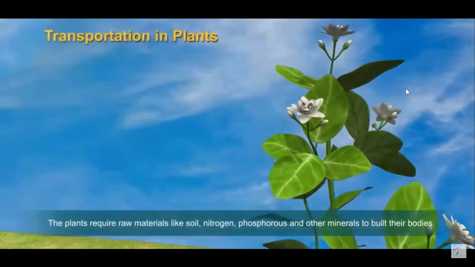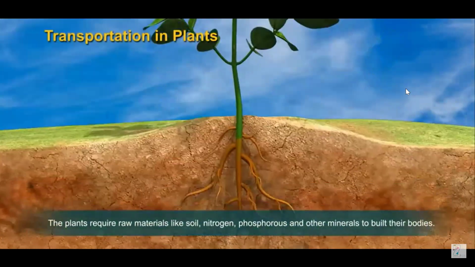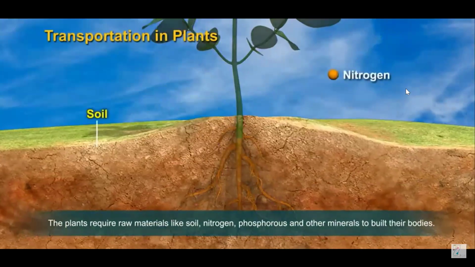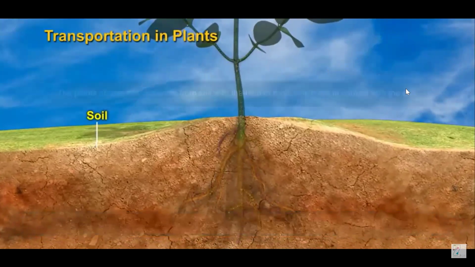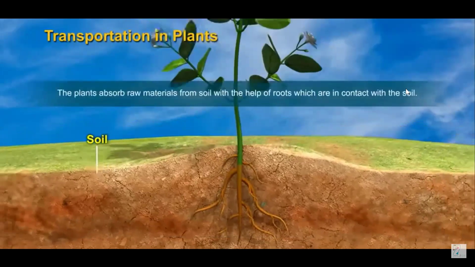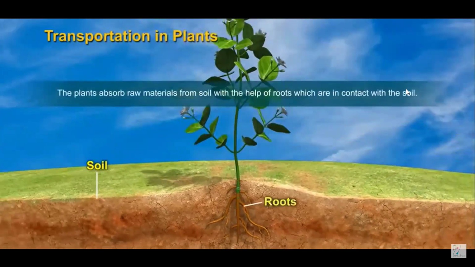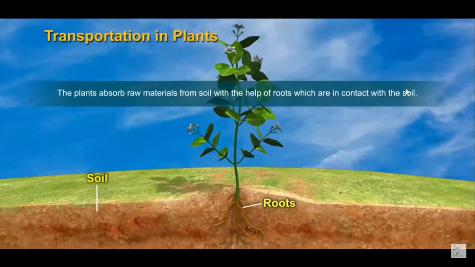The plants require raw materials like nitrogen, phosphorus, and other minerals from the soil to build their bodies. The plants absorb these raw materials from the soil with the help of roots, which are in contact with the soil.